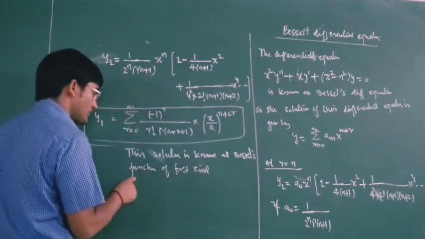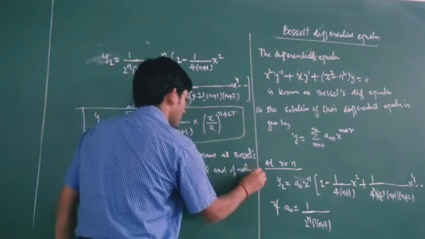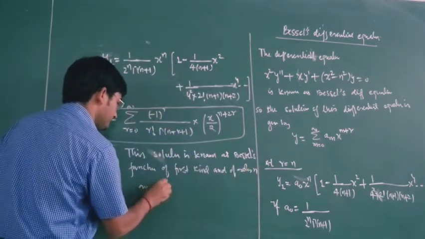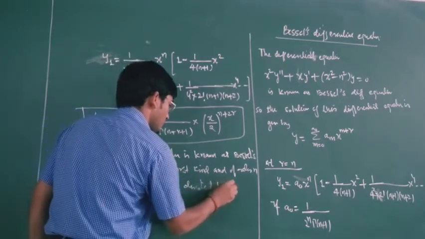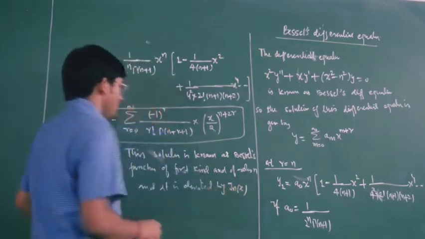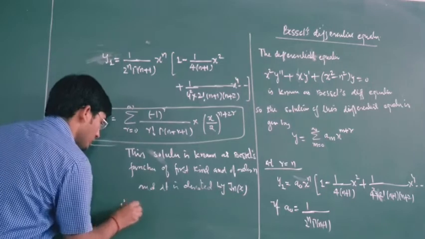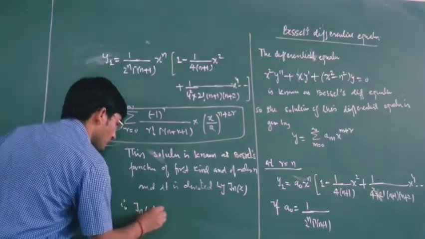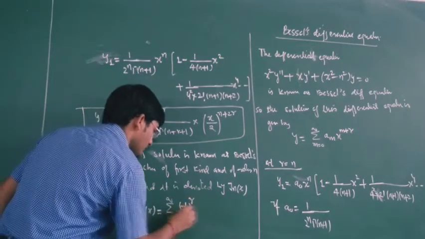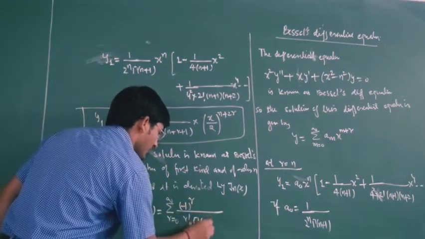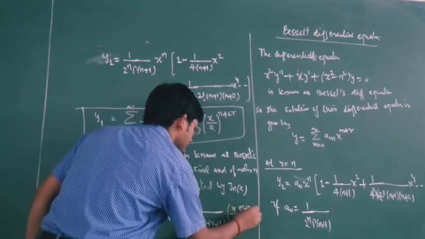This function is known as the Bessel function of first kind and of order n, and it is denoted by Jn of x. So Jn(x) is equal to the sum from r equal to 0 to infinity of (-1)^r over factorial r times gamma(n + r + 1), times (x/2)^(n + 2r).